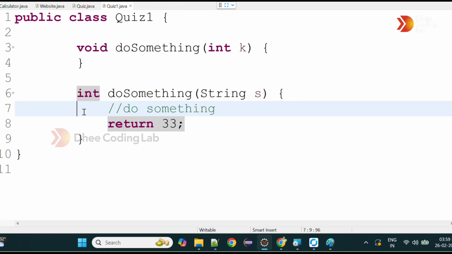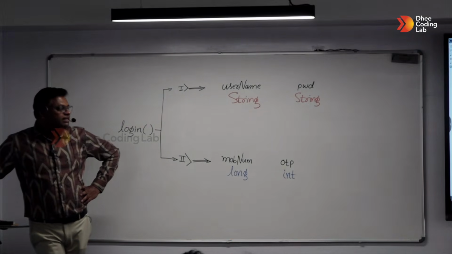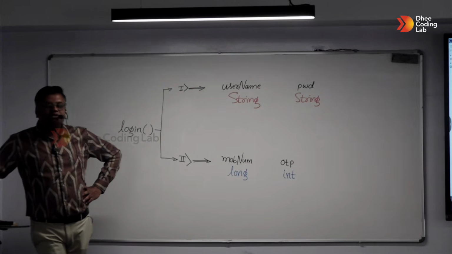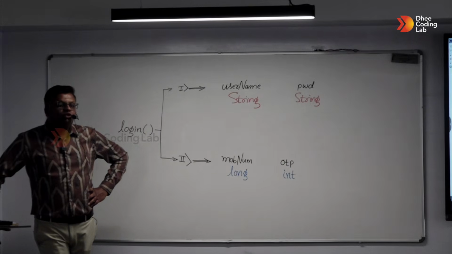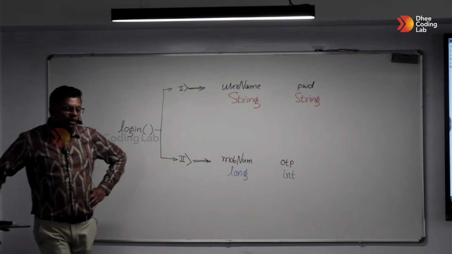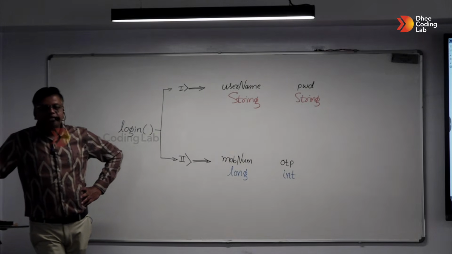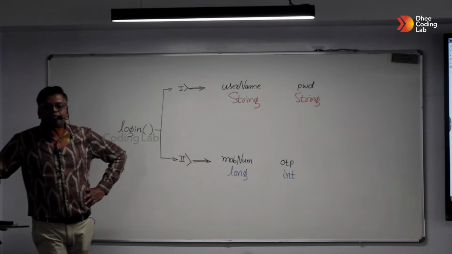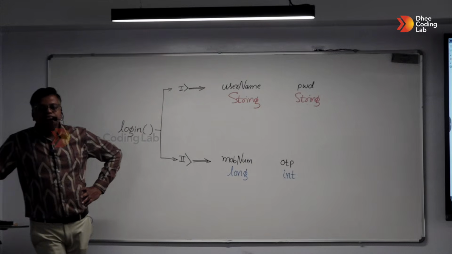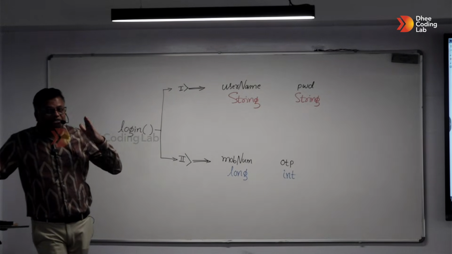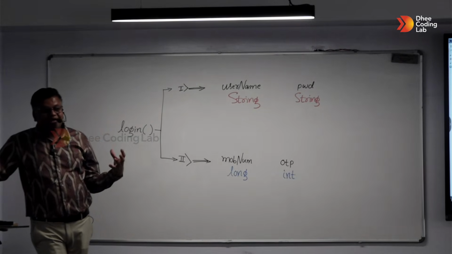In case of method overloading, we don't consider the method return type and the access modifiers. What do you mean by access modifier? On the left side of the method, sometimes you use keywords like public, private.